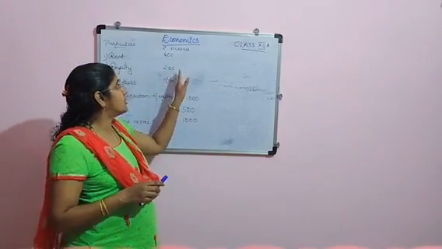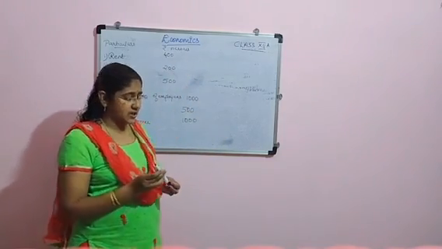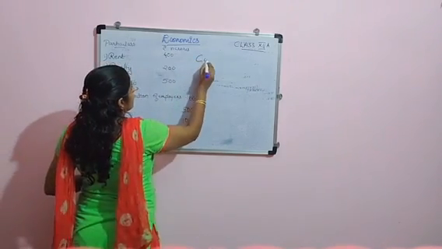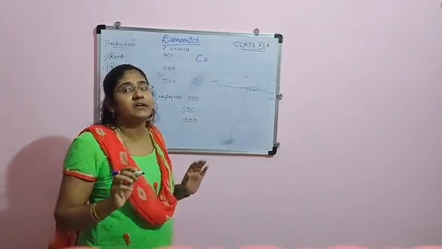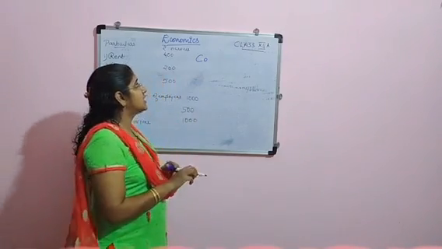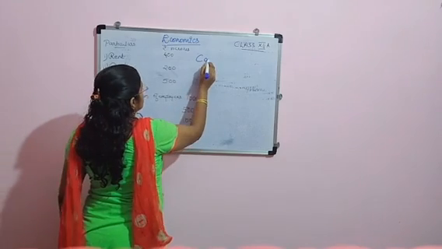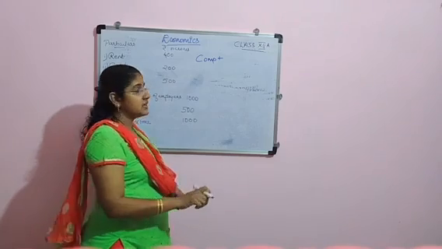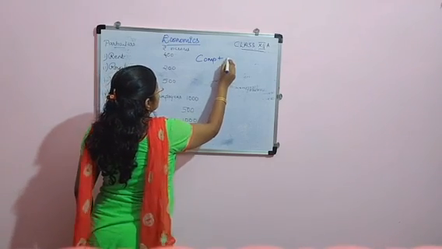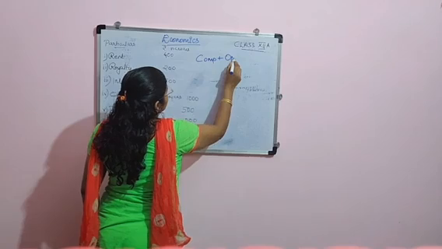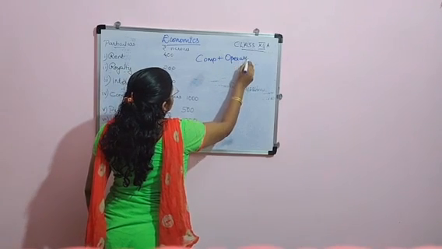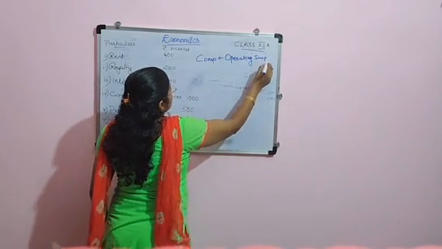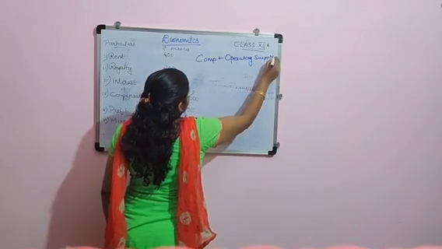Then students, about this income method I told you, here we are mainly considering only the factor incomes. What are the types of factor incomes? Yesterday we discussed. The first one is compensation of employees. The second one is operating surplus, and the third one is mixed income.